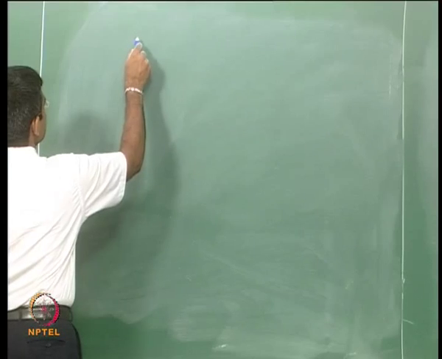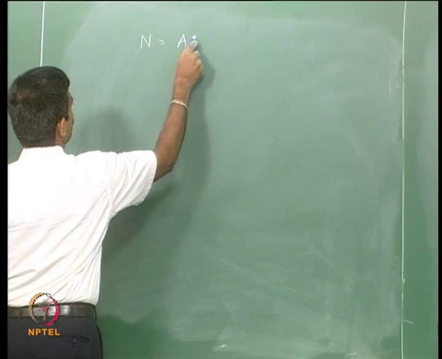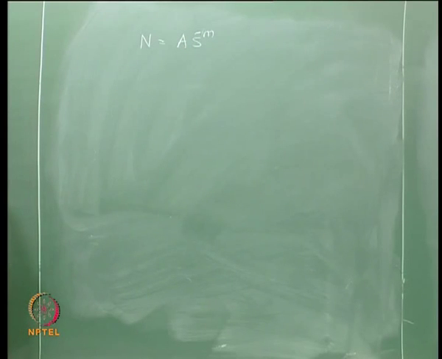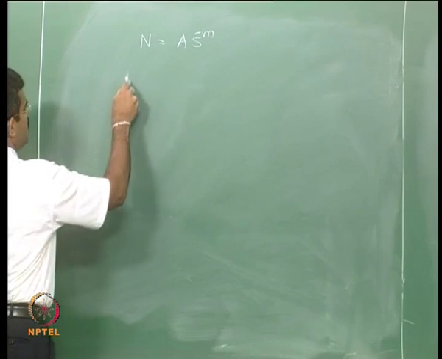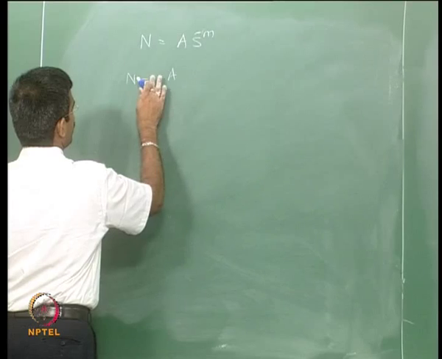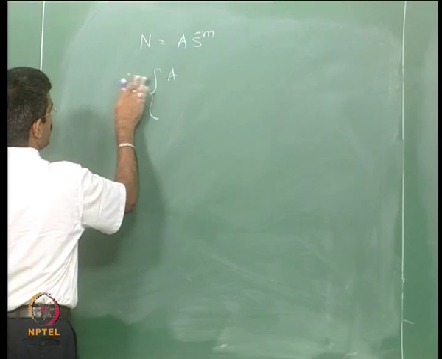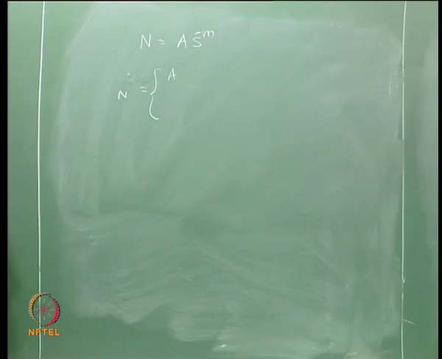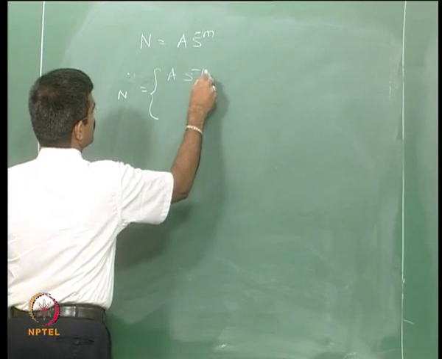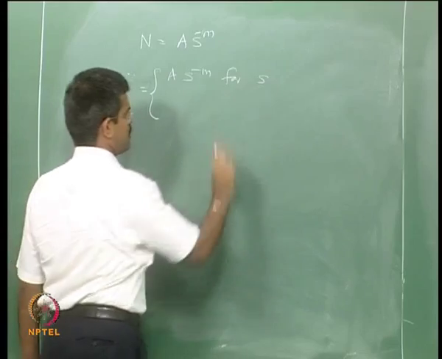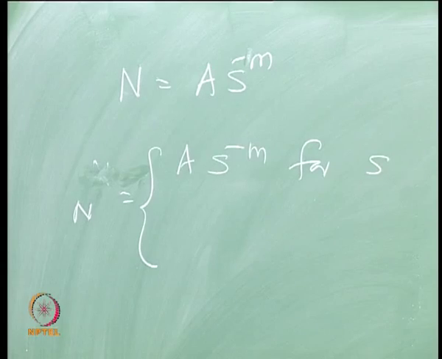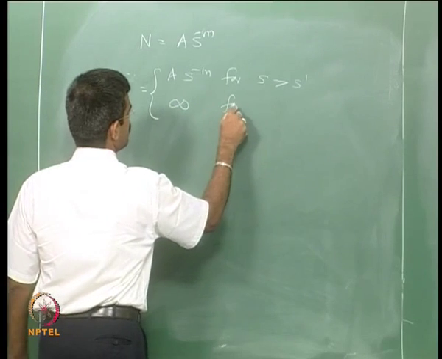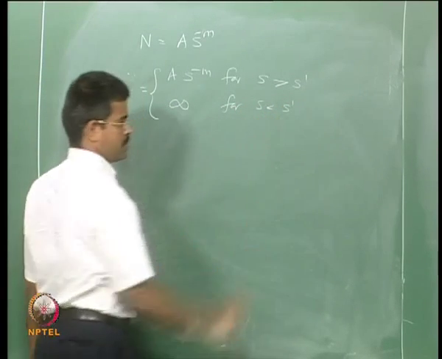So, we know that N is equal to A S power minus m for S greater than S dash, which is equal to infinity for S less than S dash.